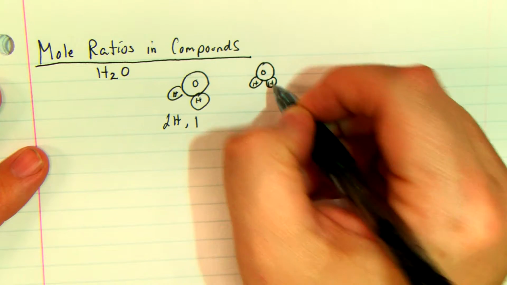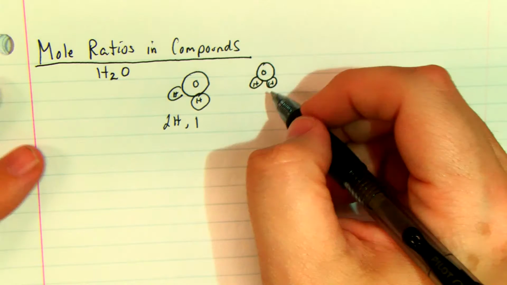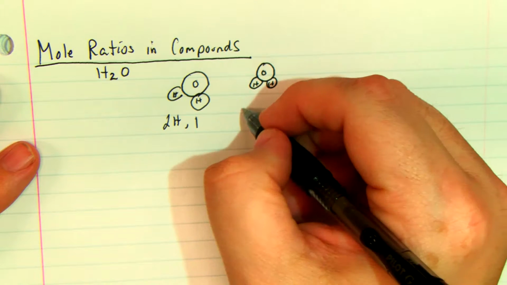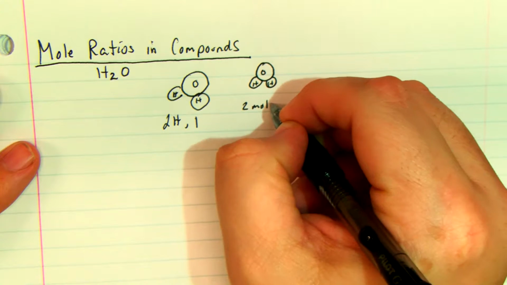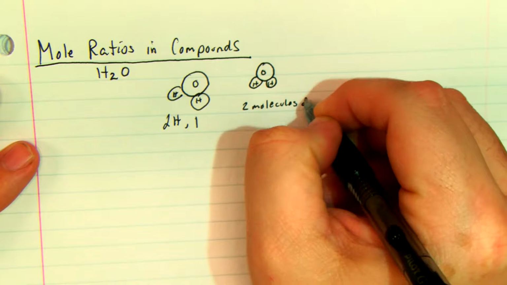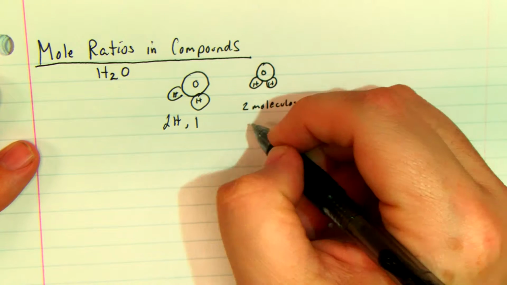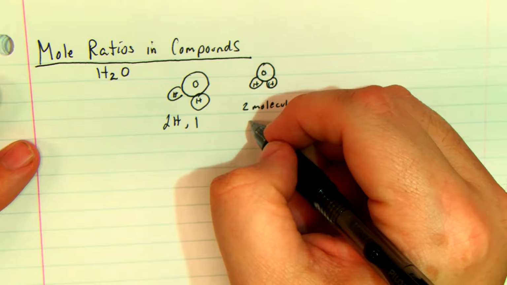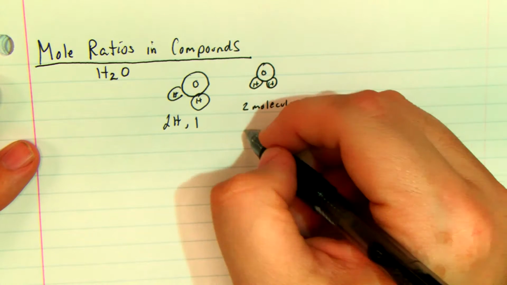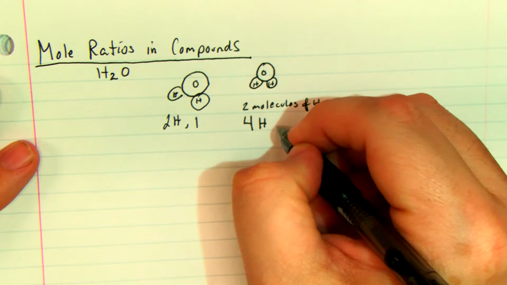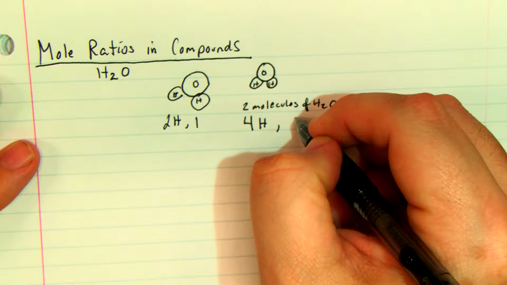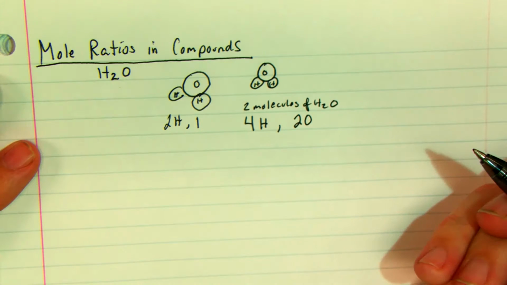Not drawn to scale, of course. Now I have two. So for two molecules of H2O, how many hydrogens do I have? Total. There's 4 hydrogens total. How many oxygens total? 2 oxygens total.